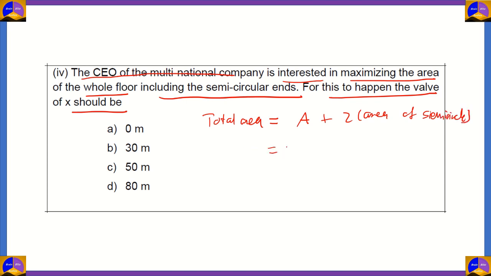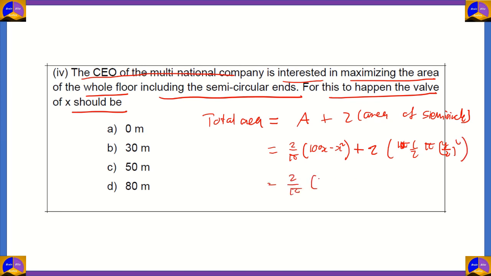So that means it will be 2 by pi into 100x minus x squared plus 2 times half into pi into y by 2 the whole square.